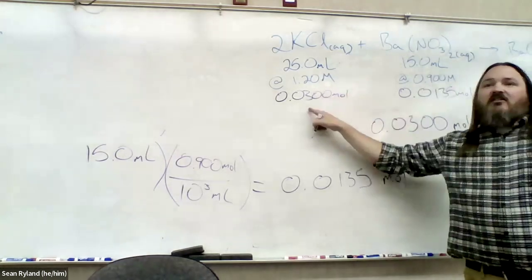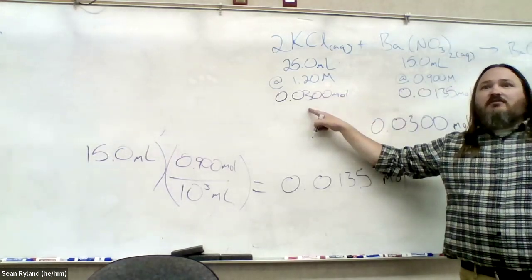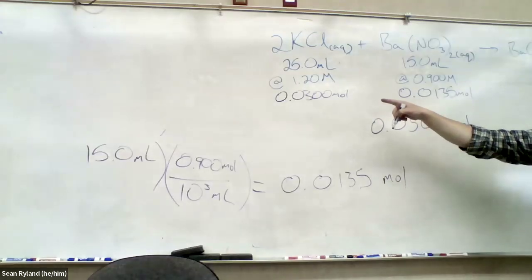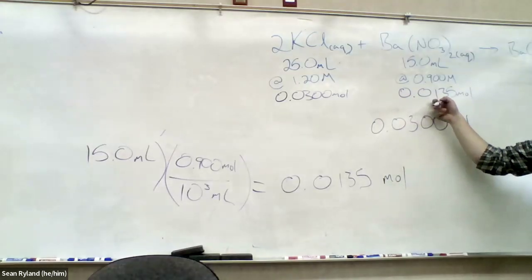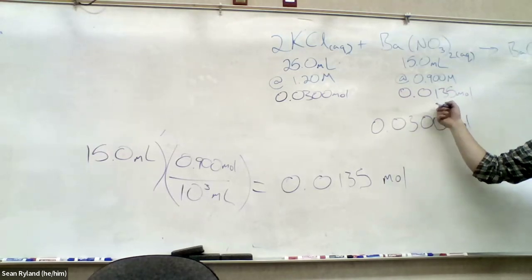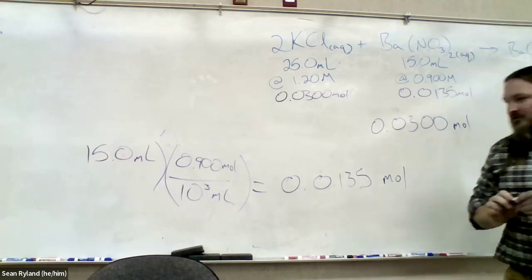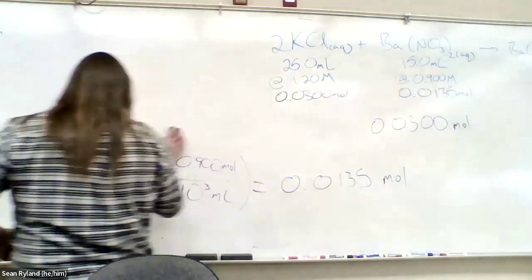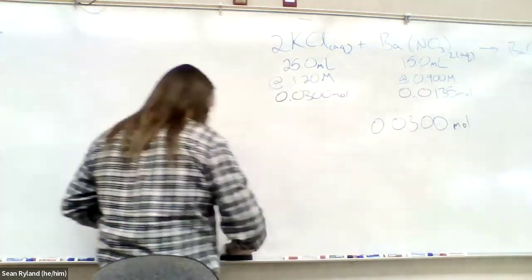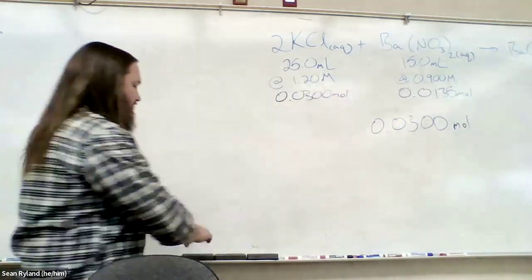We're using the KCl up twice as fast, and we have more than twice as much. Right? If this was 0.015, we'd use them up at the exact same time, right? We have less than that, so this is going to run out first. And again, if you can't see that math in your head, that's totally fine. Go to our normal way of showing limiting reactant.